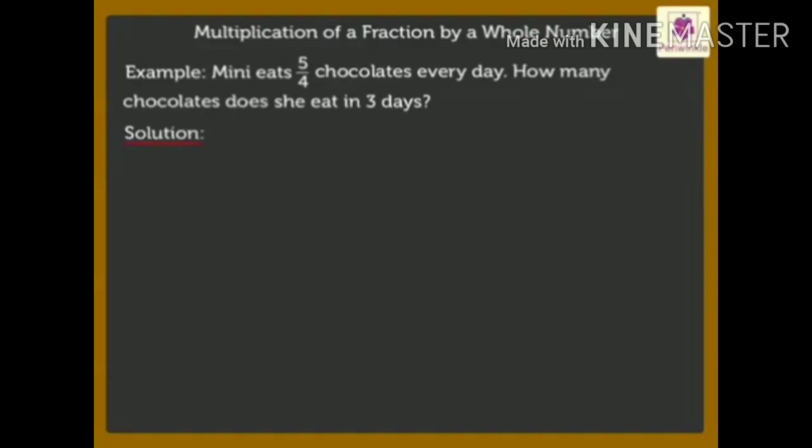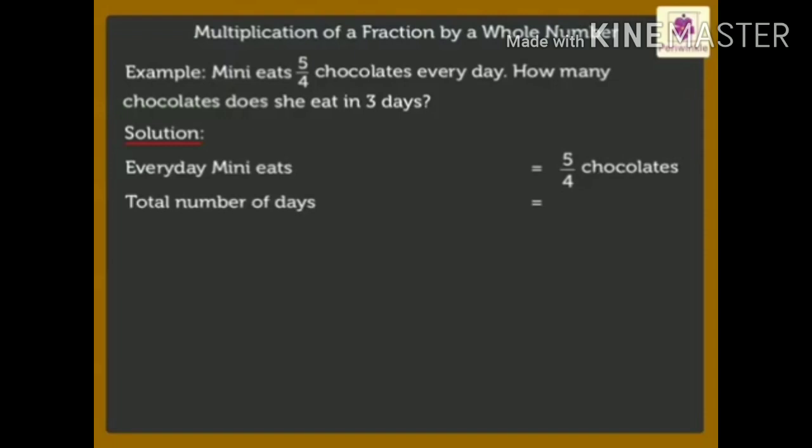So, we write the statements as: every day Minnie eats 5 upon 4 chocolates. Total number of days is equal to 3 days. Total number of chocolates that she eats in 3 days is equal to 3 into 5 upon 4.